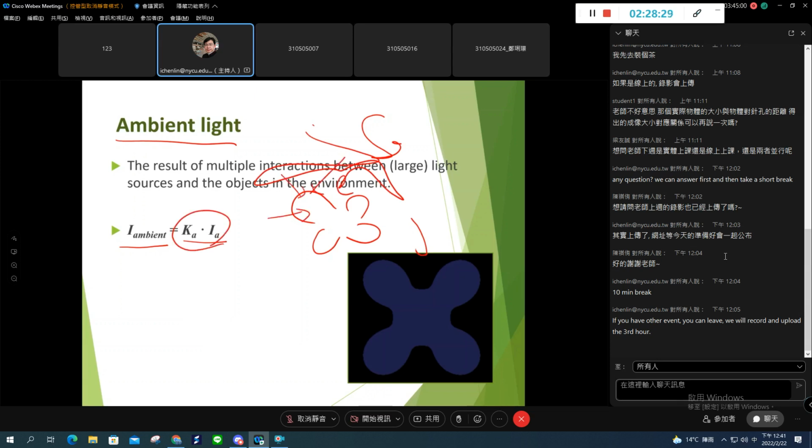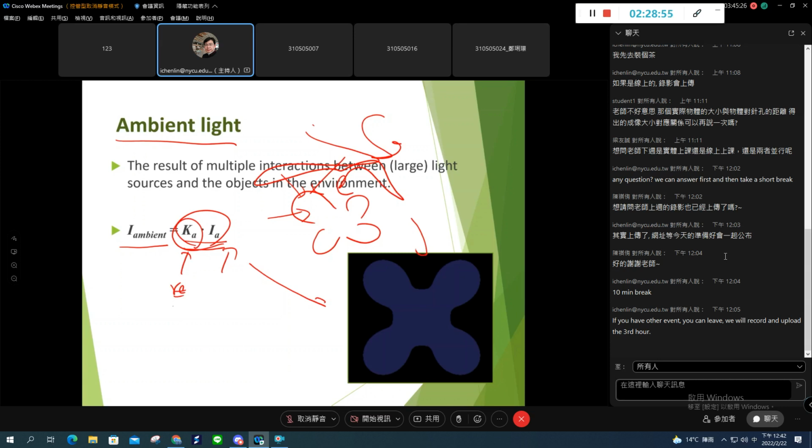So this formulation does not have any orientation. It's just a simple color over here. There's no vector here, no color vector here. The K here is a reflection ratio, which we usually call the ambient reflection coefficient.